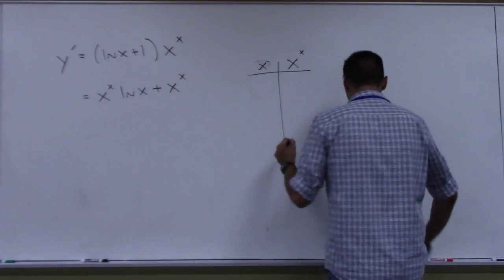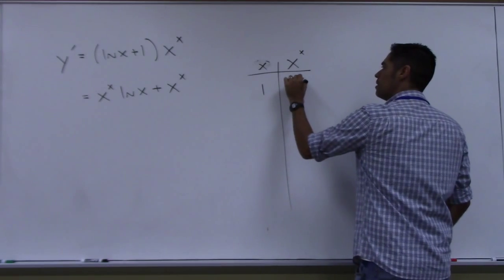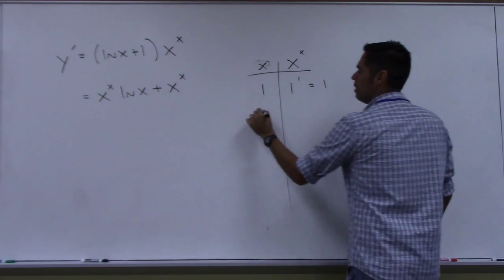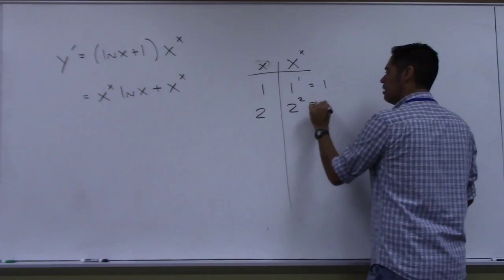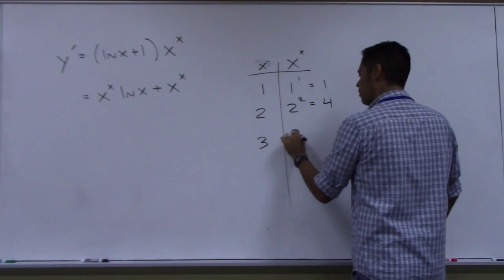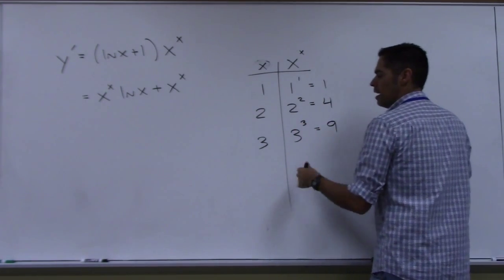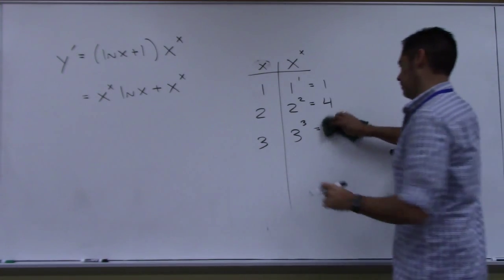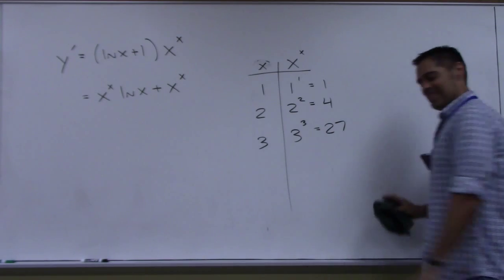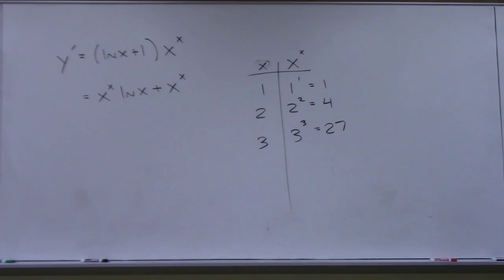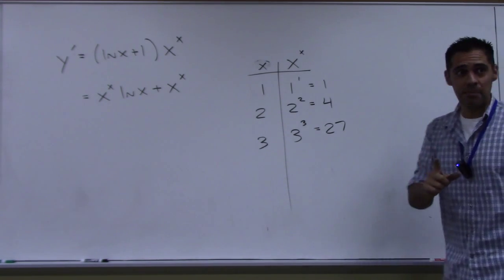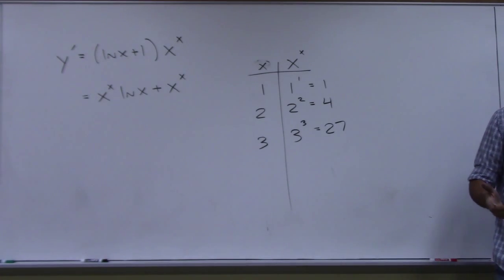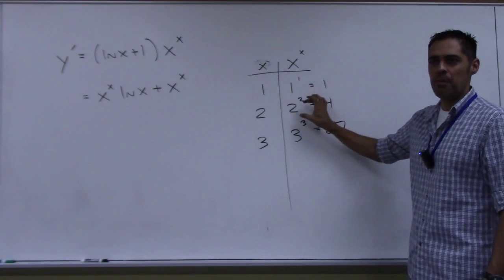But we can plug in 1. 1 to the 1 is 1. 2 to the 2 is 4, 3 to the 3 is 27, and you can see this is almost acting like a power. Now this thing is acting like a power function and an exponential function at the same time, because both your base and your exponent are growing.